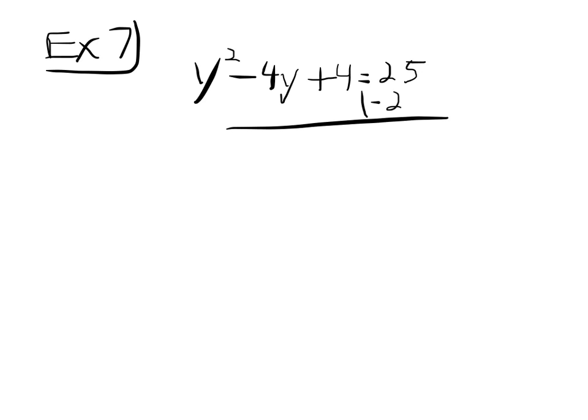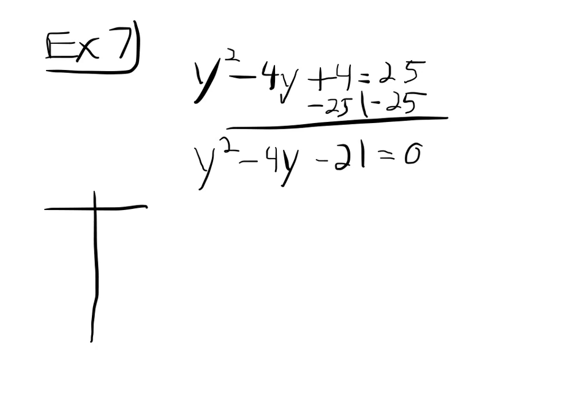We would solve this saying, well, I need to set this equal to 0, so then I'd have y squared minus 4y minus 21 is equal to 0. Oh, I'm sorry, let me just erase that. Then you would be asking yourself, we could factor it using the AC method. We know the signs are going to be different.